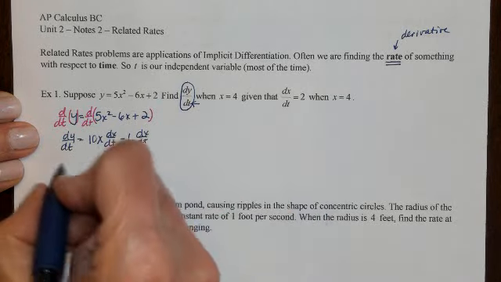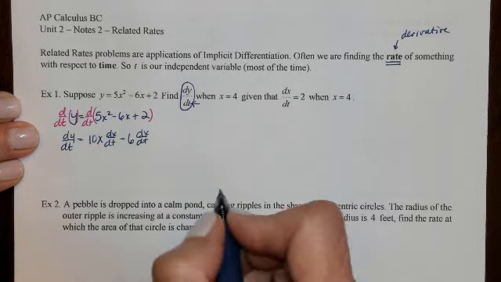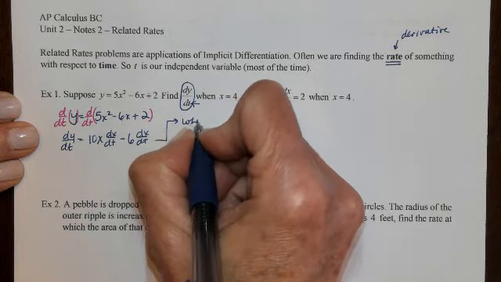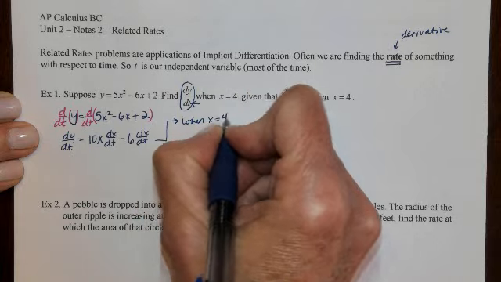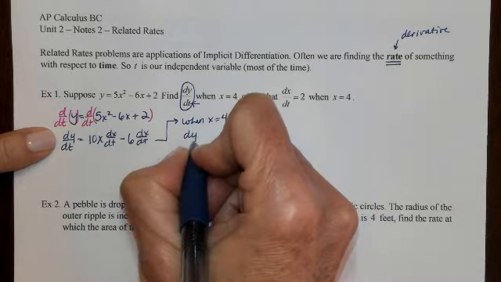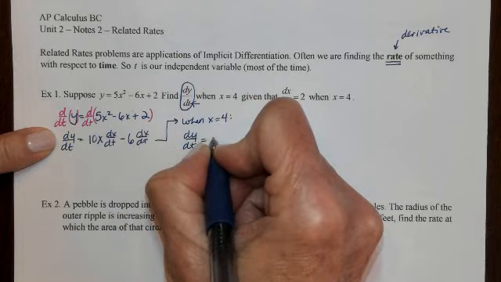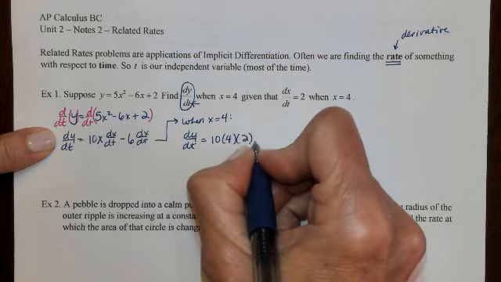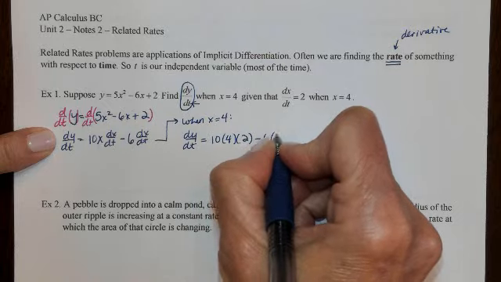Okay? So I need to communicate what I'm doing. So I'm going to say when x equals 4, dy/dt will equal 10 times 4 times 2 minus 6 times 2.